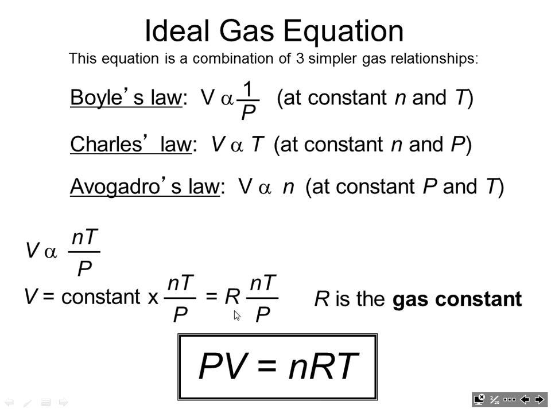And by working my equation just slightly and taking this P out of the denominator, so I have everything in the numerator, I get this thing called PV equals nRT. PV equals nRT.